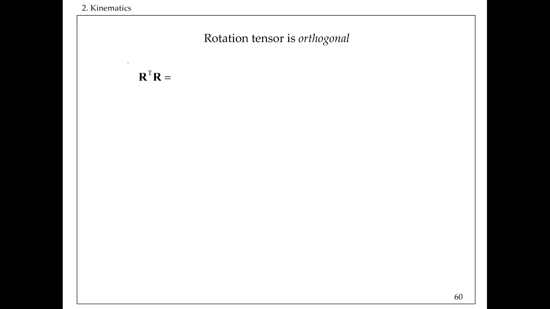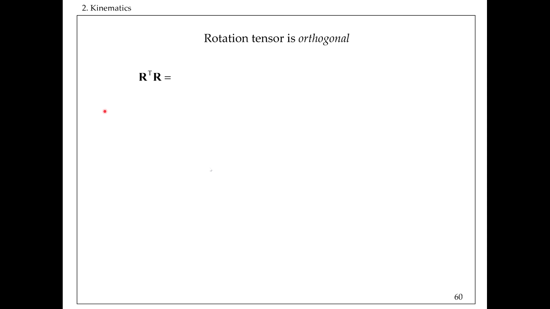To produce identity through multiplication, you would need the inverse of R. So if instead of the transpose there would be an inverse, -1, then of course they will automatically produce identity. But when you multiply the transpose of the same second order tensor with itself, only for an orthogonal tensor will that be the case.